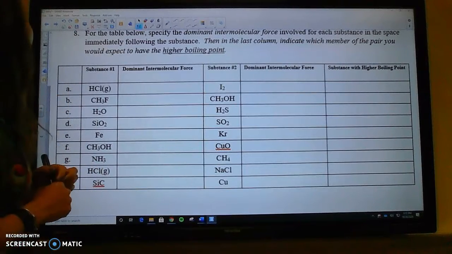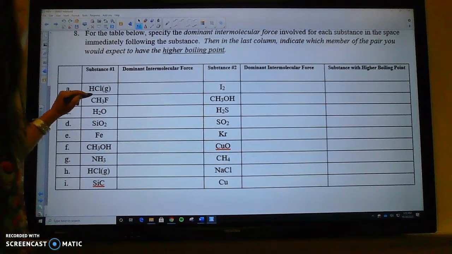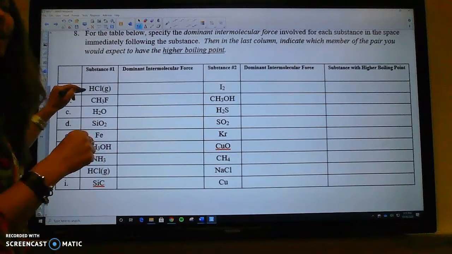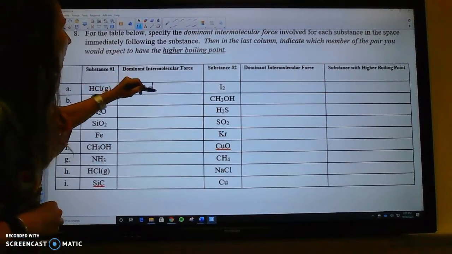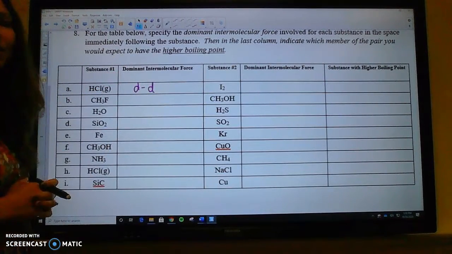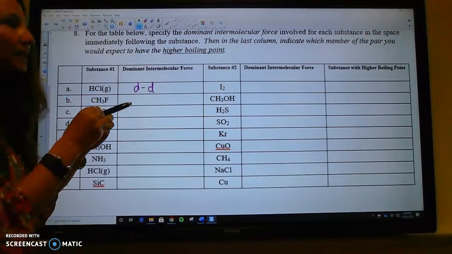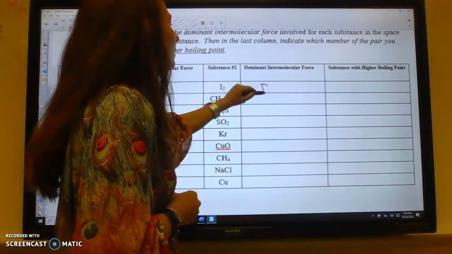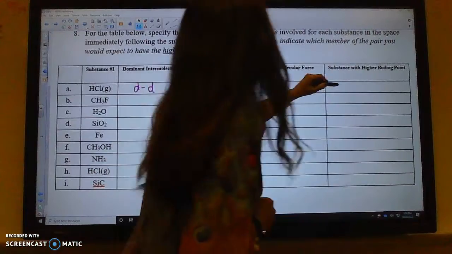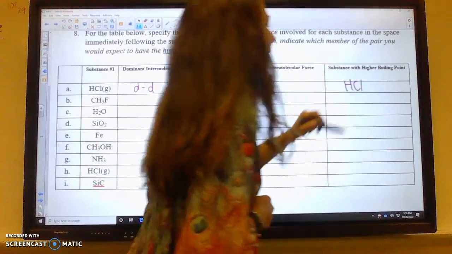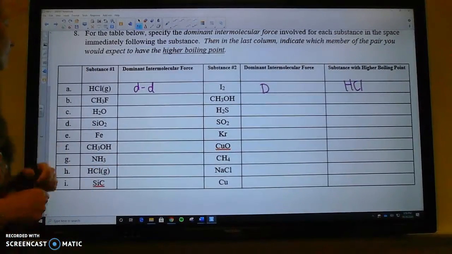So that's what we're going to do right now. So HCl, I have hydrogen, not attached to N, O, or F, so this is just dipole-dipole. And then I have I2, iodine bound to itself. That's going to be dispersion. Which one had the stronger intermolecular force? HCl. That's the one with the highest boiling point.